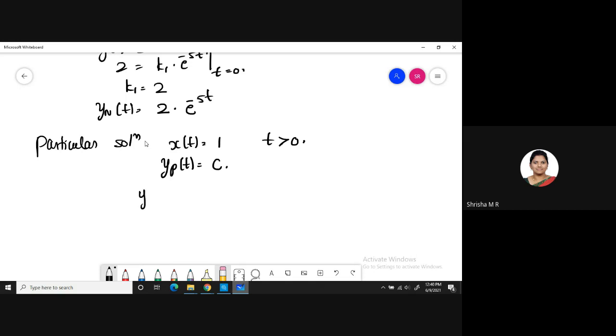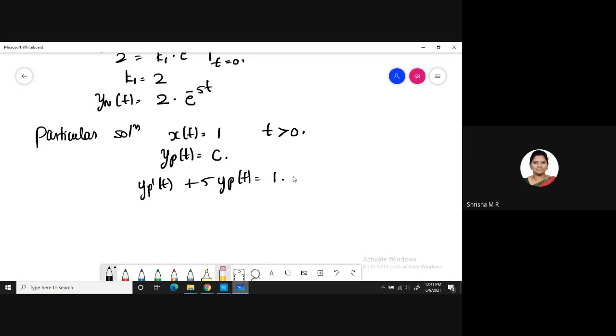We are substituting yp of t in the differential equation given in the question: y dash of t plus 5y of t is equal to u of t. So yp dash of t plus 5 yp of t is equal to 1.